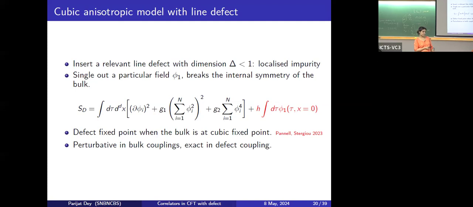But is it known that this is the only relevant symmetry? I don't think there is a concrete statement that this is the only one. You could have switched on h1 phi 1 plus h2 phi 2. Yes, these kinds of things have actually been studied in this paper, where they have all the phi i's switched on, and they have shown that it's the same.